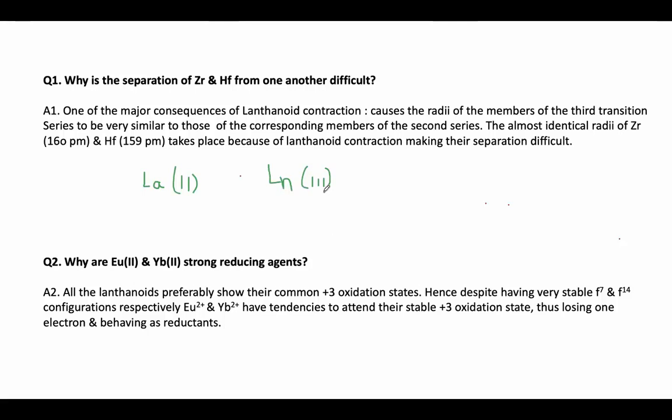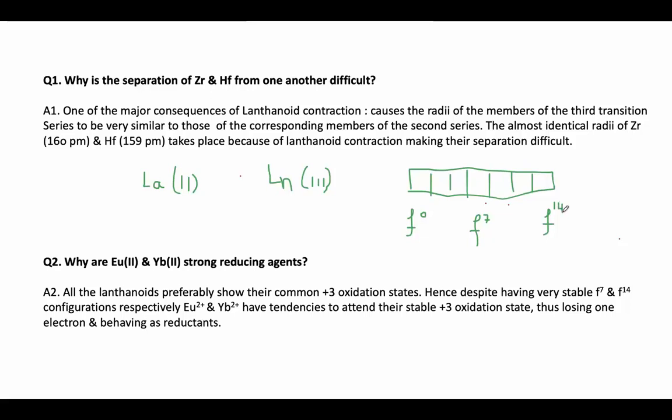That arises mainly from the extra stability of the empty, half-filled or fully filled f subshell, that is the 4f subshell. In the case of f, we have these 7 orbitals. So f0 is empty, f7 is half-filled, and f14 is the fully filled electronic configuration of these lanthanides.